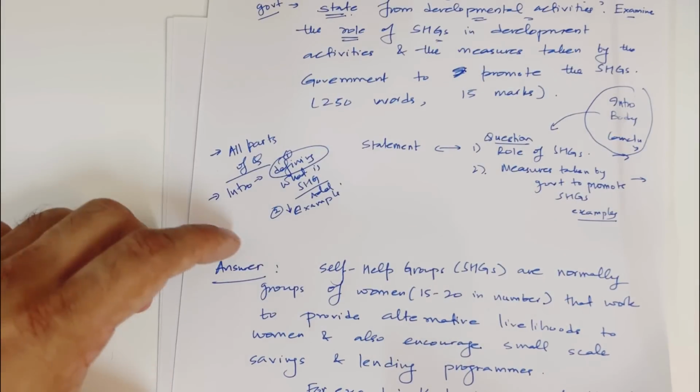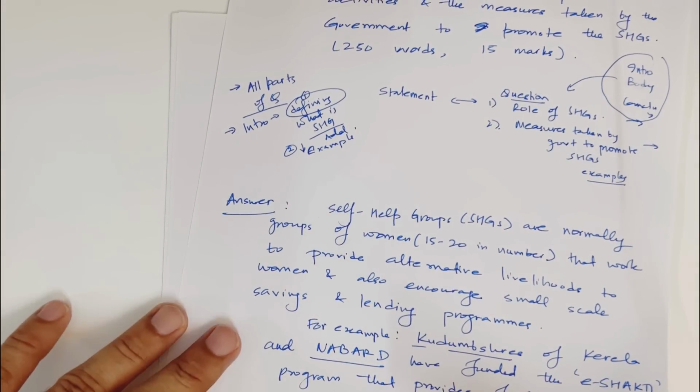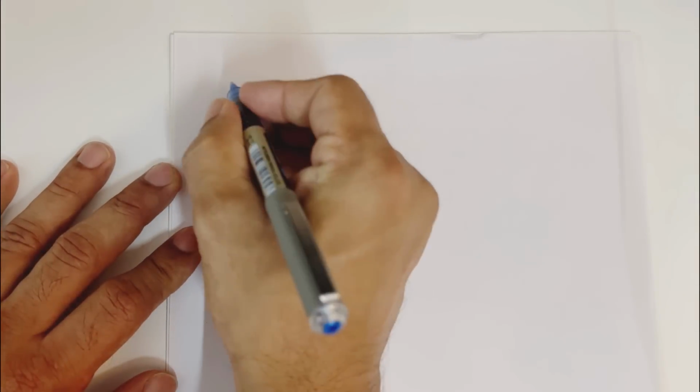Now I have given the introduction, I have given the example, I have used my framework: define, give an example, provide an example. Now for the body, what did I tell you? Get straight to the question's main points and answer what they are asking. Okay?